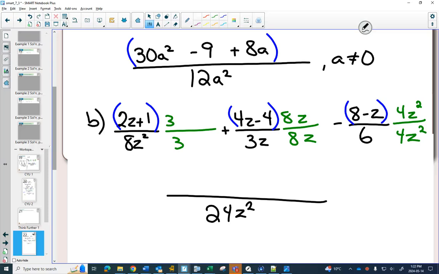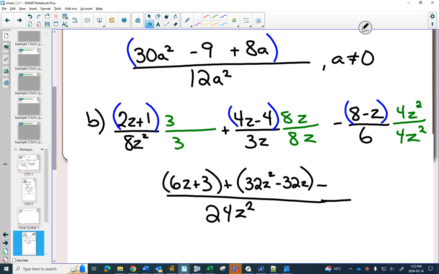So when I distribute this 3, I would get 6z plus 3. This one, when I distribute that 8z, I will get 32z squared minus 32z. And finally, when I distribute the 4z squared, I'm going to get 32z squared minus 4z cubed.